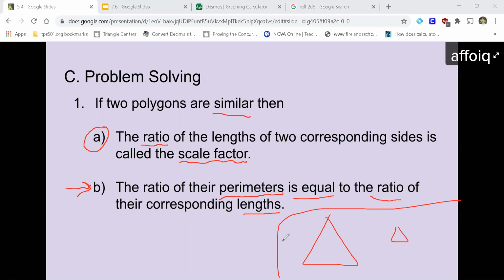The first triangle has a perimeter of 18 feet and a ratio of 3:1 with the smaller one. What's the smaller one's perimeter, right? So that perimeter would also abide by that same ratio, since we know all of the sides follow that, and the perimeter is just adding up those sides. So it has to follow it too.